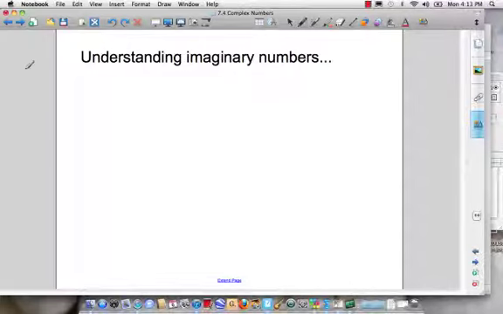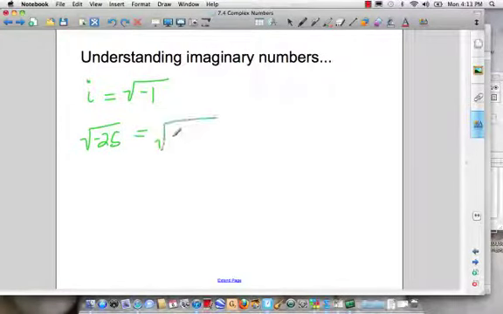So first of all, i is the square root of negative 1. That's what it is. And if you needed, say, the square root of negative 25, well, negative 25 is negative 1 times 25, and you can take the square root of each of these things separately.